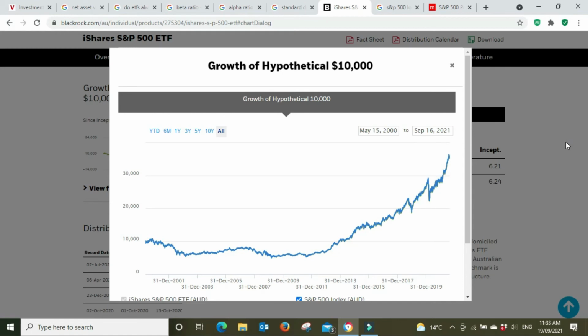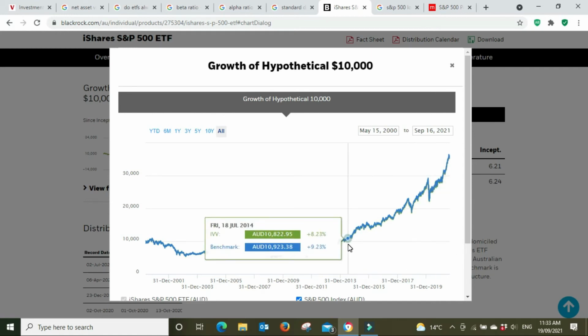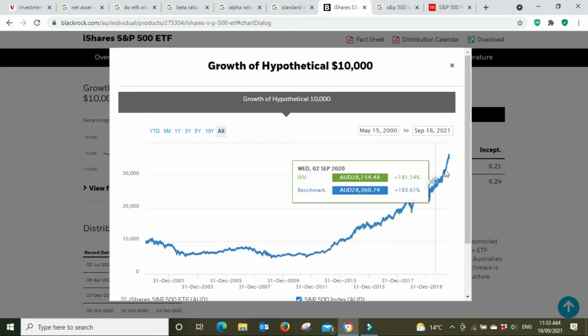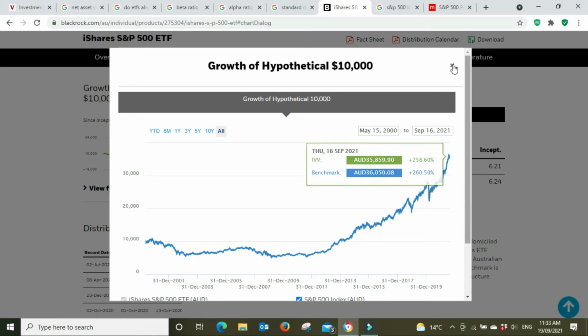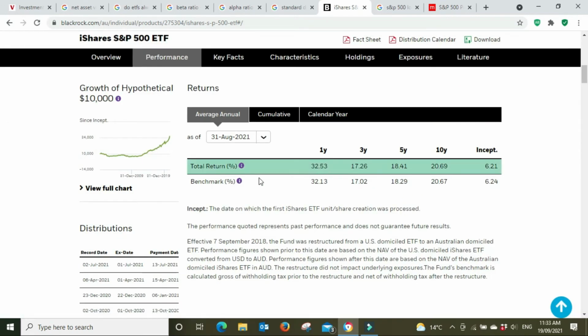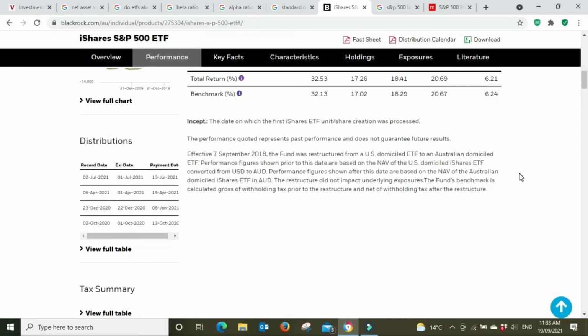Whether that's growth has really taken off, or this might have coincided when quantitative easing sort of kicked off in a big way, that might have something to do with it as well, and low interest rates. So you've got the total return of the index, or rather the ETF and the index, and you can compare them. Pretty close.